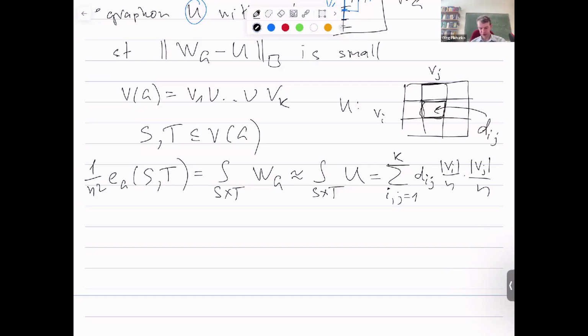So what is the conclusion? If you look at all this through the identity, it says if I want to have two sets S and T, and I want to predict how many edges I have across, then this approximation U gives me a very good idea. So maybe if I draw a picture, I have my k parts, then I have two sets S and T. Maybe I use different colors.